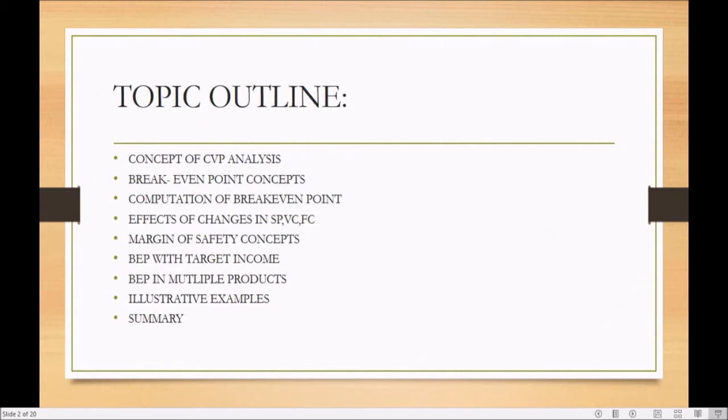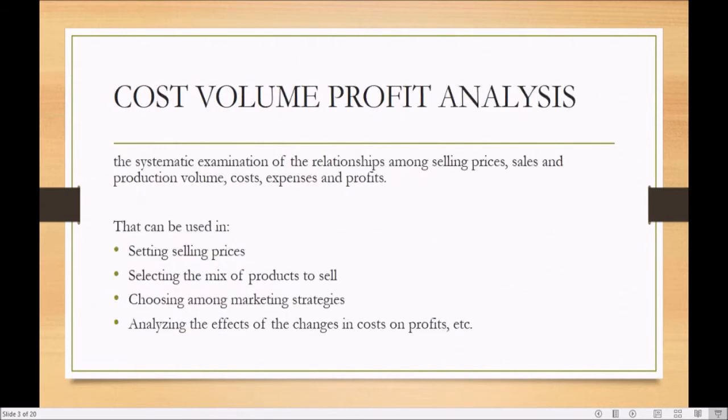And then, I will give you illustrative examples, particularly on the topics that we need to focus on. And then, a short summary about this PowerPoint presentation. So, let us begin with the concept of the cost volume profit analysis.